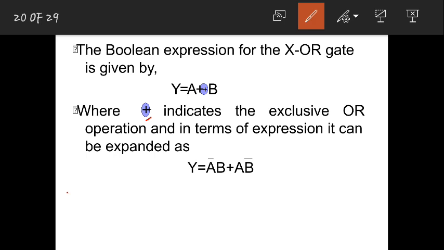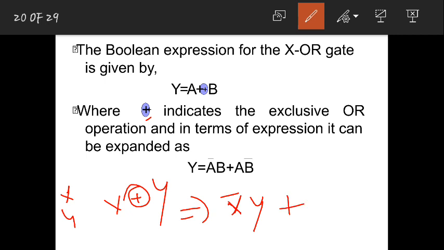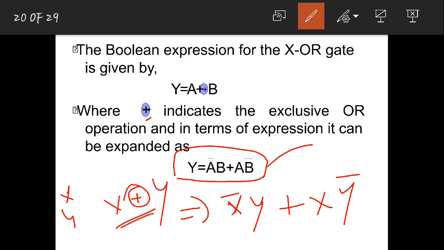If you take two inputs, consider x and y, then the output will be x XOR y. If you expand this, it becomes x bar y plus x y bar. In the same way, in terms of A and B as the input variables, this is the symbol for XOR operation and this is its expanded expression.